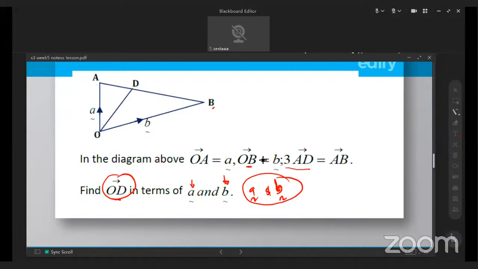OD equals OA plus AD. Pardon? OD is equal to OA plus AD. Okay, good. Does someone have any other?